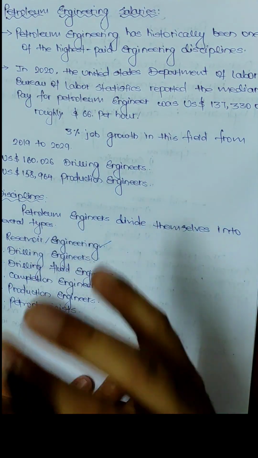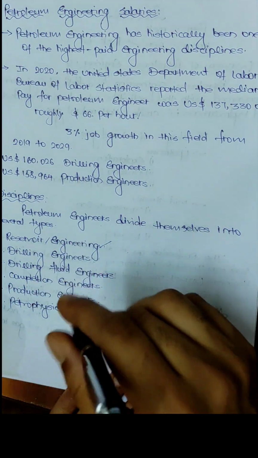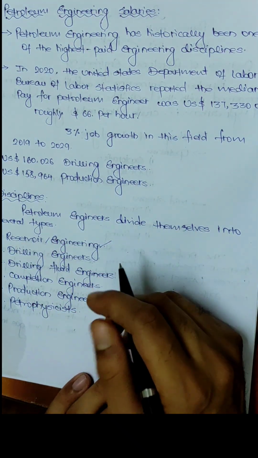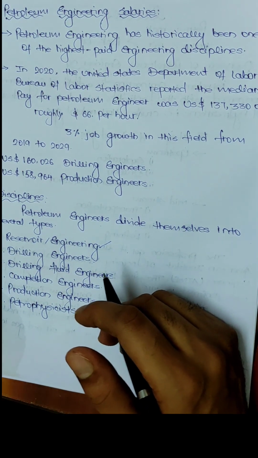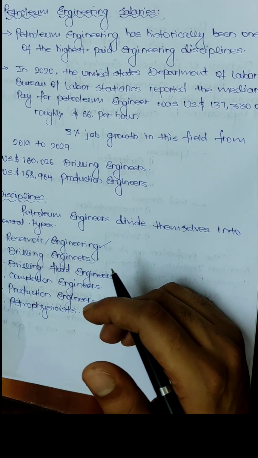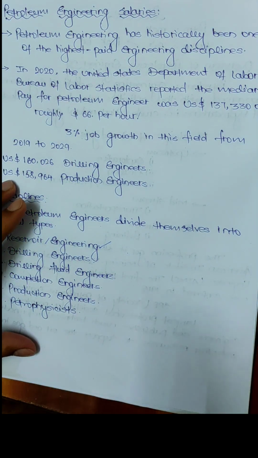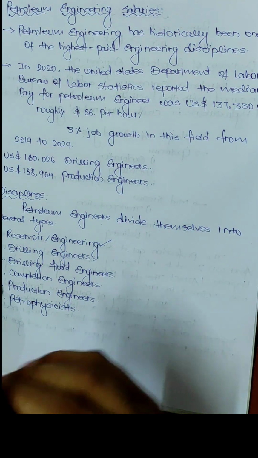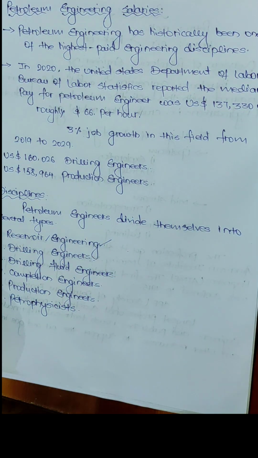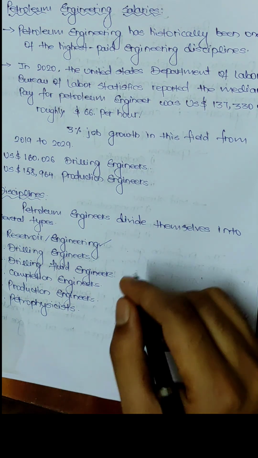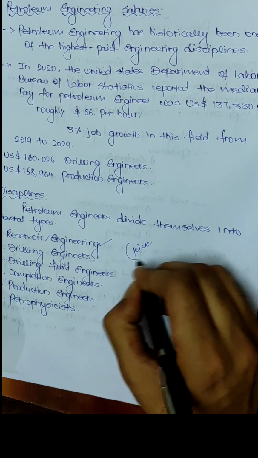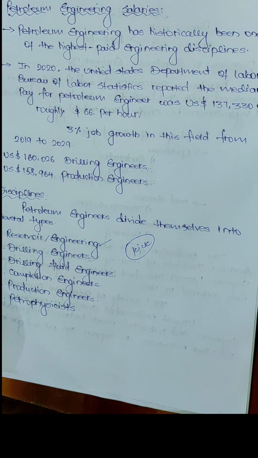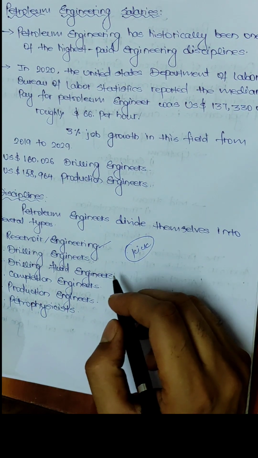Completion engineers. After completing the drilling and exploration, completion engineers help to do the casing in the wellbore, to stabilize the wellbore, to prevent it from collapsing, and also to prevent a kick. A kick is nothing but an influx of formation fluid into the wellbore, which turns into a disaster or a major accident.